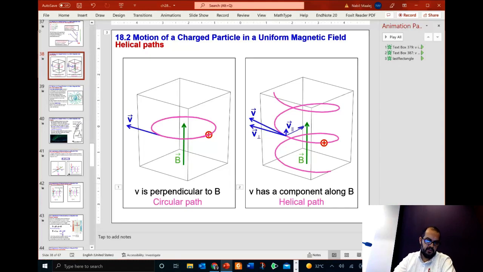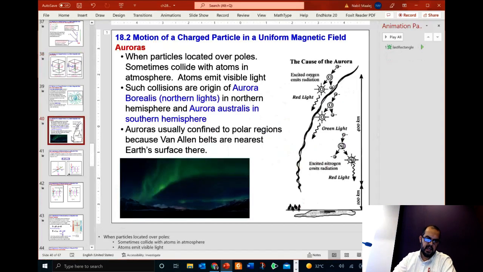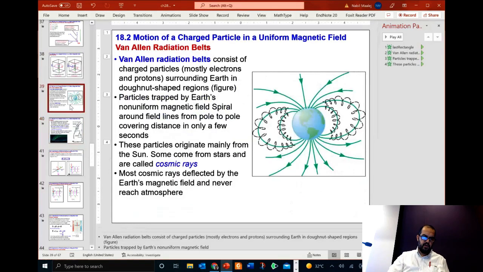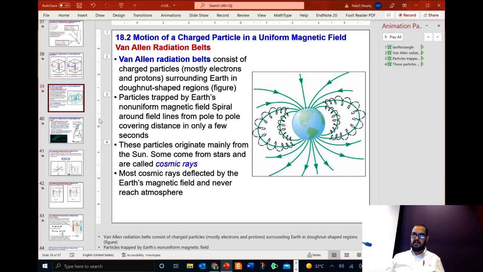And from this, we said the aurora is, or what we refer to as the Van Allen radiation belts. These are usually charged particles that are trapped in the Earth's magnetic field, and so they keep spiraling back and forth around the Earth, and they do not reach the Earth's surface.